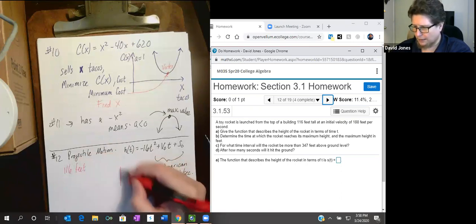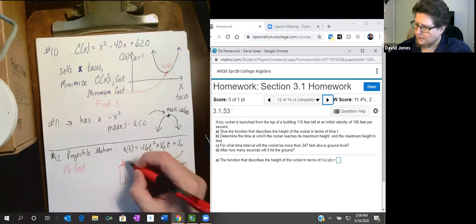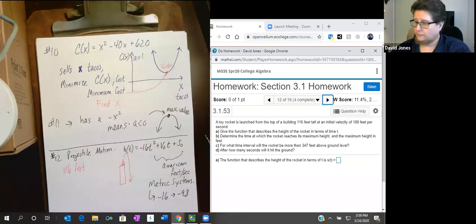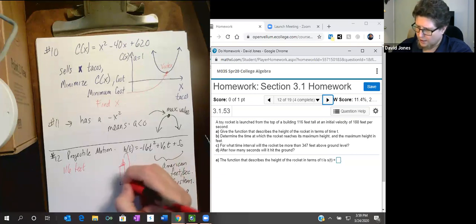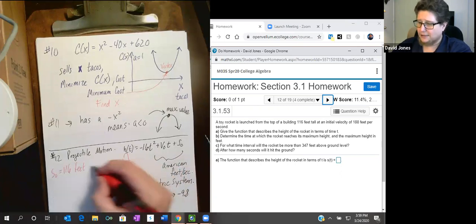So we got a building and liftoff, and it's going to go up in the air and it's going to come down. This is 116 feet. That's my starting height, my S naught.